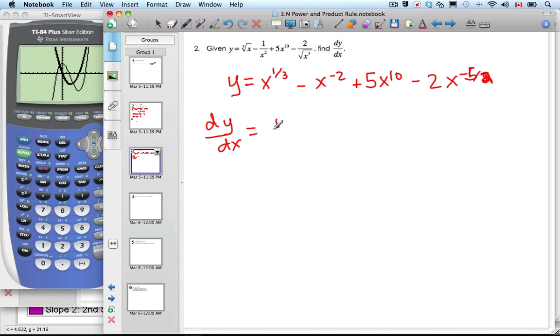We bring our power down, 1/3, times x. Subtract 1 from here, I get negative 2/3. Minus, bring my power down, negative 2. Subtract 1 from the power, negative 3. Bring my power down, 10 times 5 times x to the 9th.